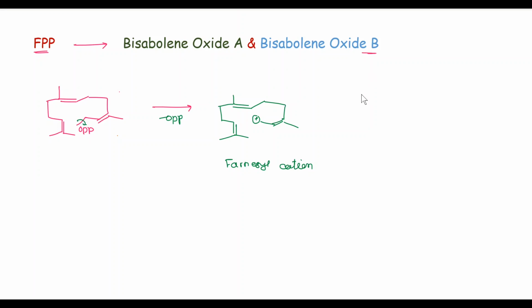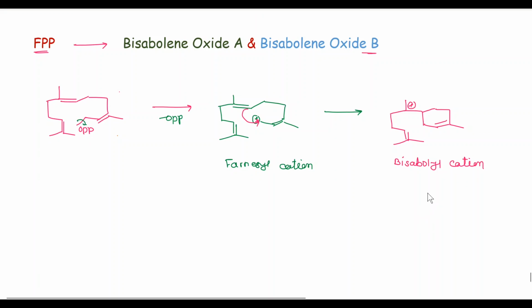So, in the next step, this double bond attacks this carbocation and we get the bisabolene carbocation. And here a positive charge. This cation is called the bisabolene cation.